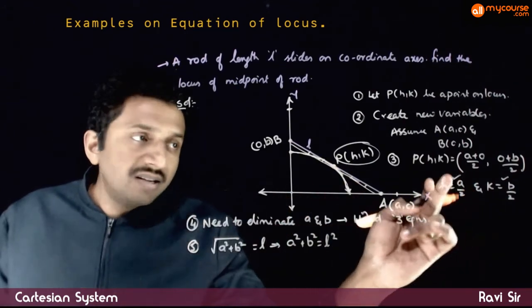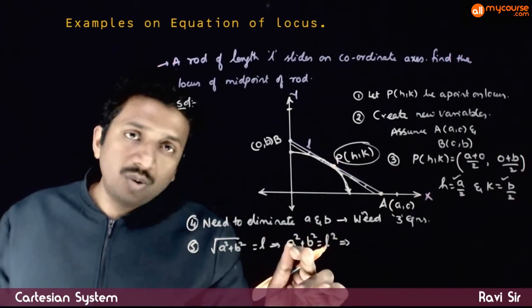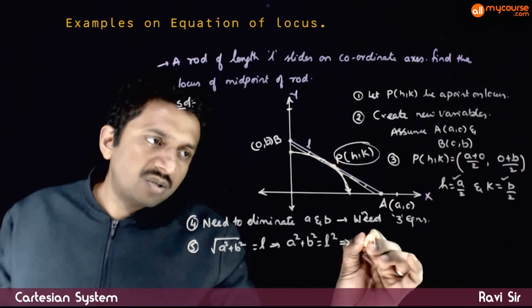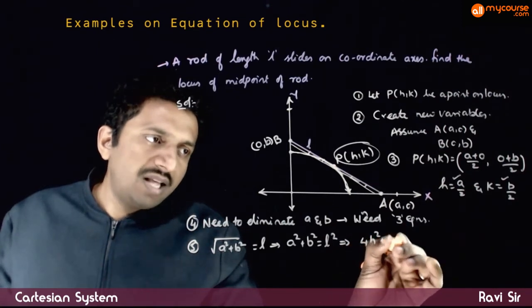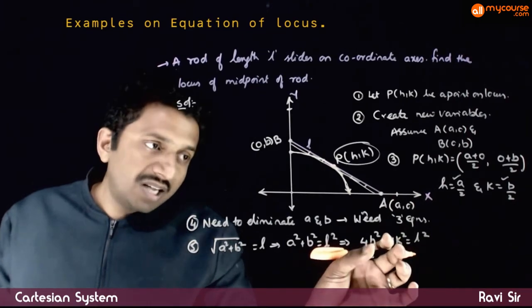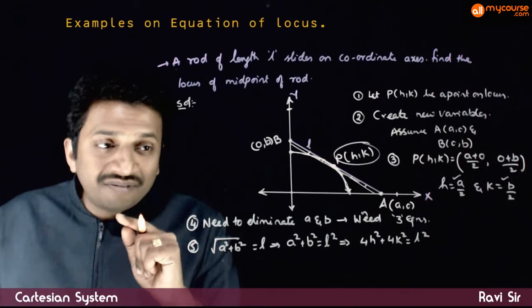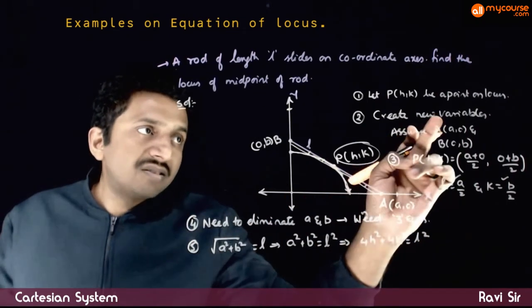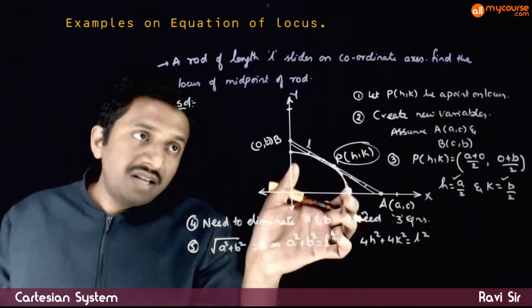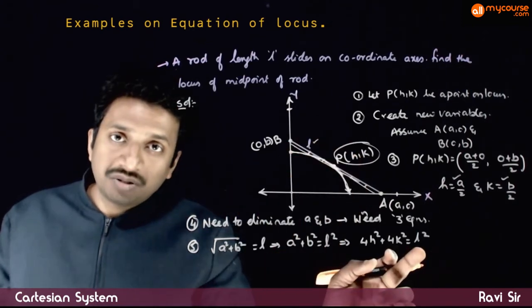And what is a? 2h. So a is 2h, b is 2k. So 4h square plus 4k square is equal to L square. Now you have an equation completely in terms of h and k. Remember the difference between variables and constants. Here L is a constant, so you can have L in the equation.